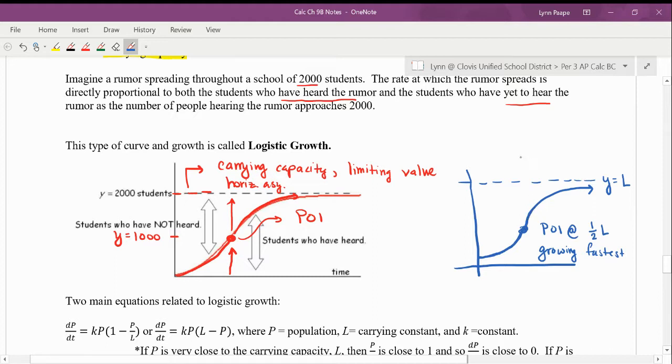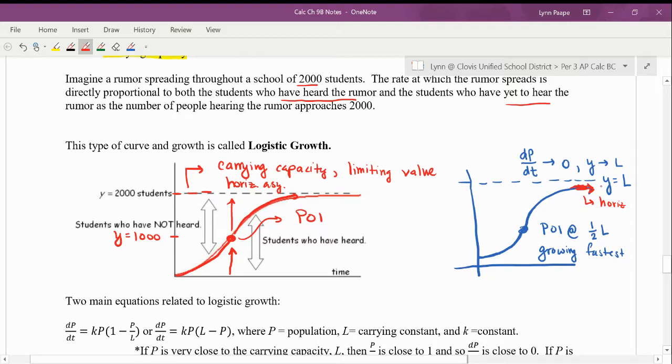Okay. All right. So a couple things to take note of is that the rate of change, and I'm just going to use P for population because we use that often, the rate of change approaching 0 is giving us the same information as y approaching L. So if I imagine this being towards infinity, this line right here is becoming more and more horizontal as it approaches that horizontal asymptote.